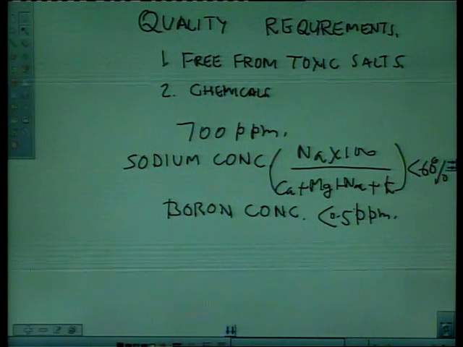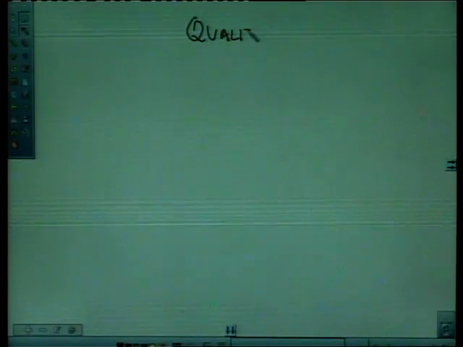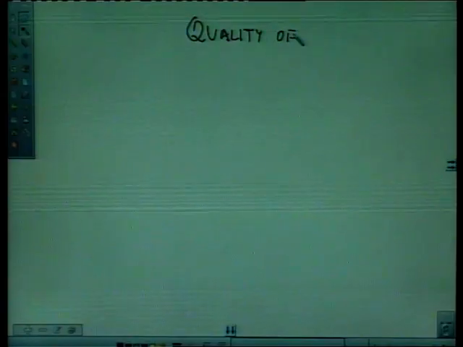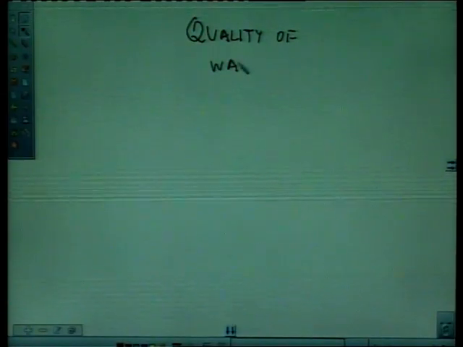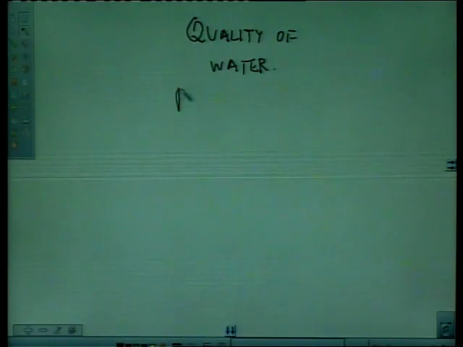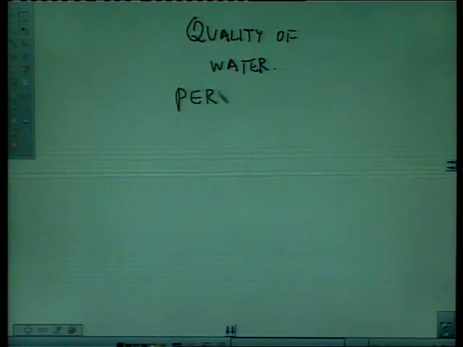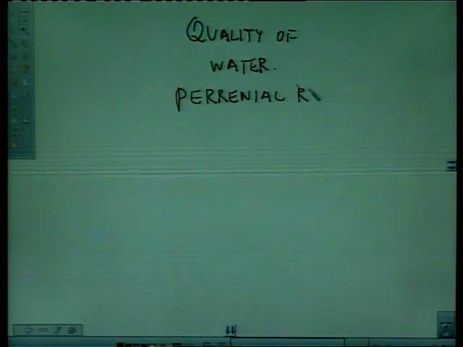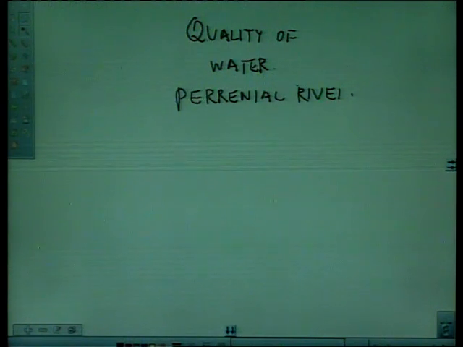Then we have quality of water from different sources. In India, due to abundance of perennial rivers, we have rivers which flow all the year. So, we have a good amount of water for irrigation flowing on the land. The quality of water is very good.